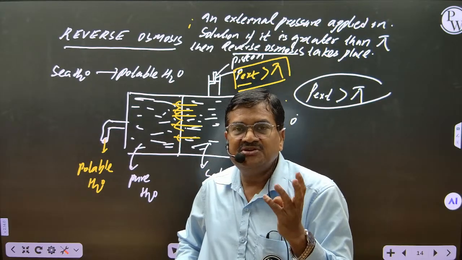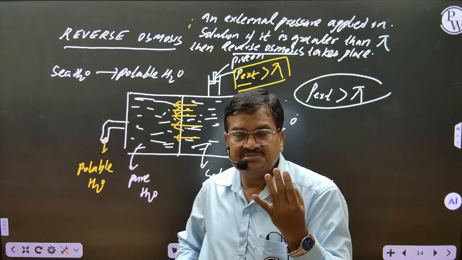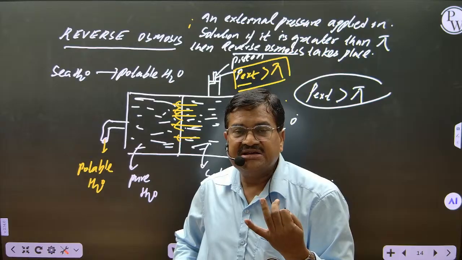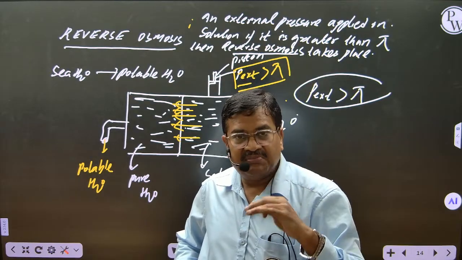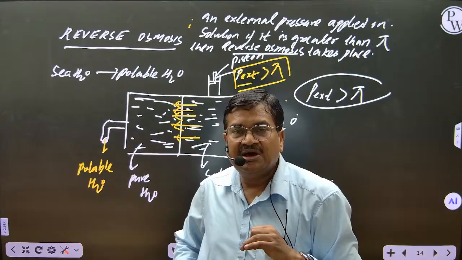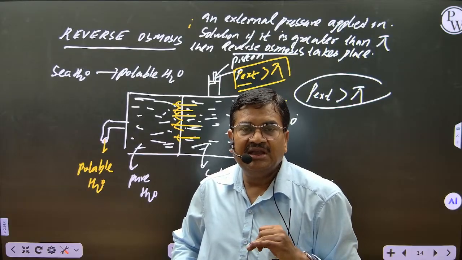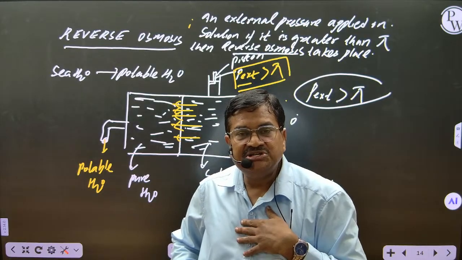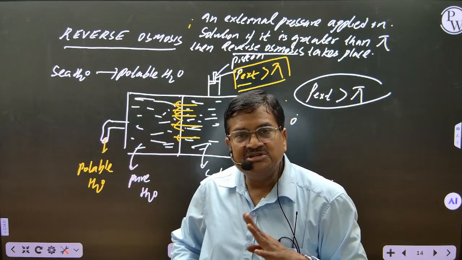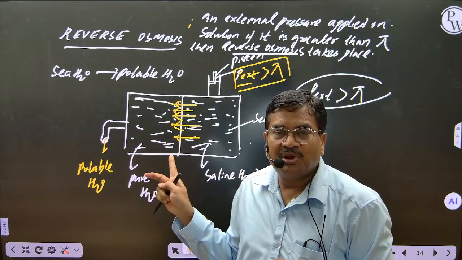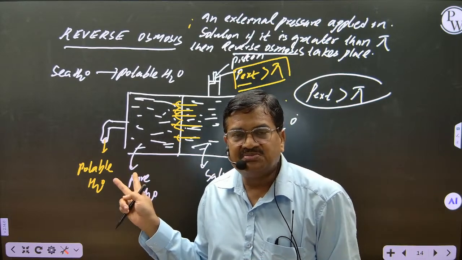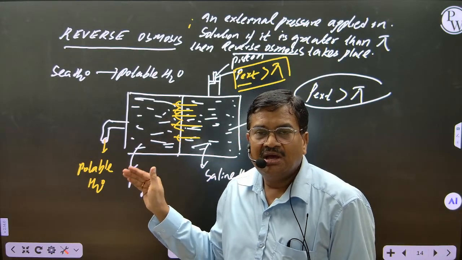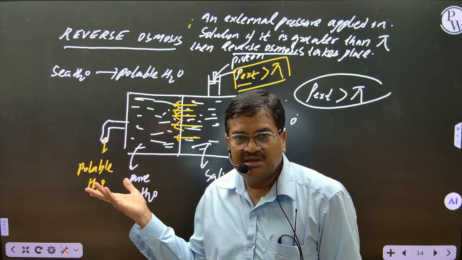That is types of solution, after that concentration terms, Henry's law, solubility of solid in liquid, solubility of gas in liquid, then vapor pressure, boiling point, vapor pressure of liquid in liquid, vapor pressure of solid in liquid, and after that we discussed deviation, positive deviation, negative deviation, azeotropic mixture, and the four colligative properties: RLVP, osmotic pressure, elevation in boiling point, depression in freezing point. Till this syllabus, you have to solve questions for the coming vacation holidays.